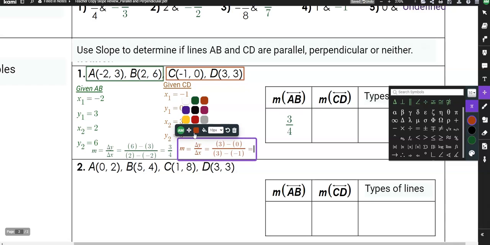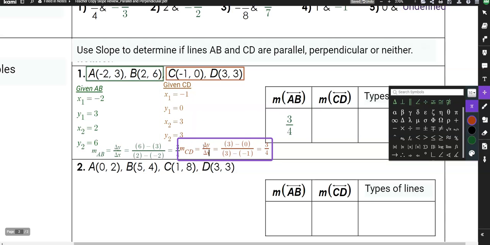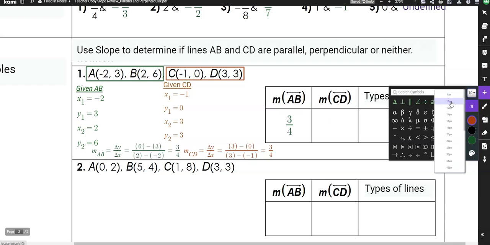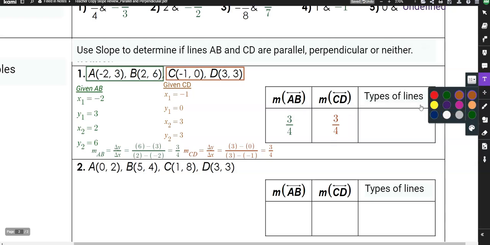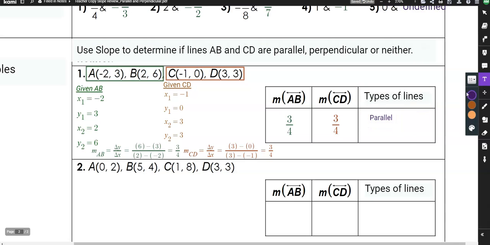So we get 3 minus 0, which is 3, and 3 minus negative 1, which is 4. And I'm going to go ahead and label this CD. And since these two lines have the same slope based on our calculations, we can say with pretty confident that these are parallel lines. And remember, the symbol for parallel is the two double lines straight up and down.